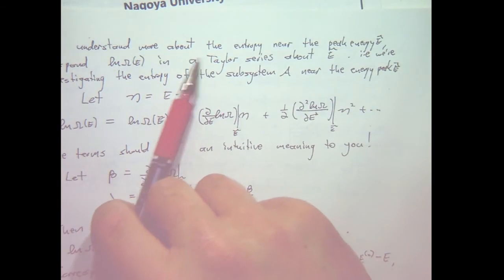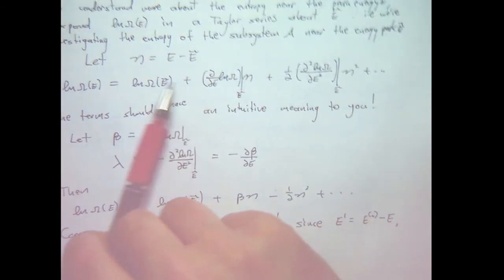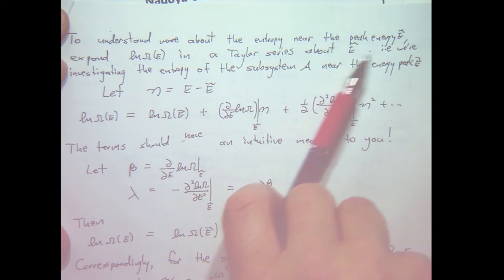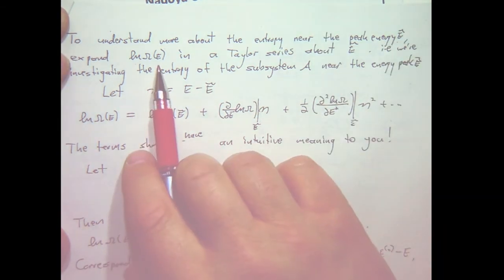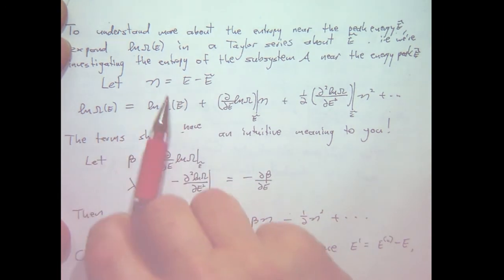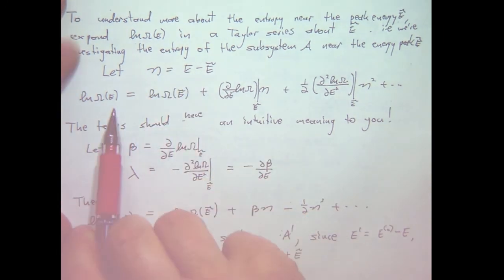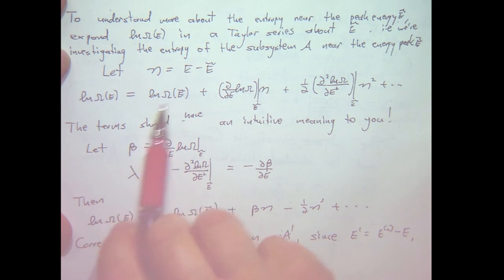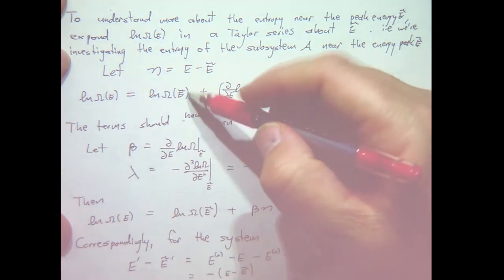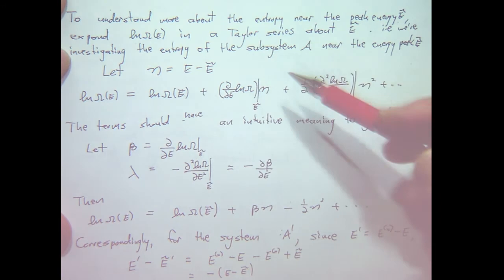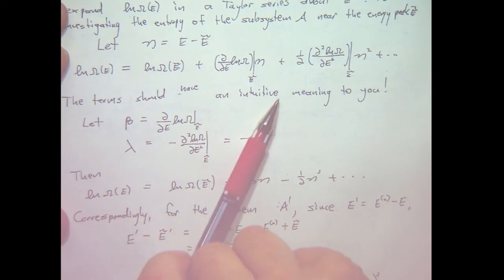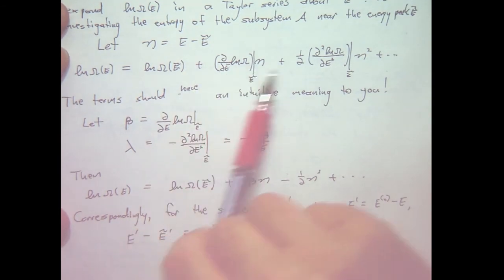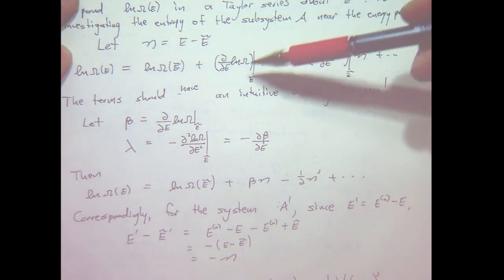So we want to just have a look at the neighborhood of the peak energy. Around the peak energy E tilde, expand the log of omega of E in a Taylor series about E tilde, let eta be E minus E tilde, and so log of omega is log of omega of E tilde, which is a constant, because this is just the value at the maximum, plus the linear term plus higher order terms in eta. These terms should have an intuitive meaning for you by now.